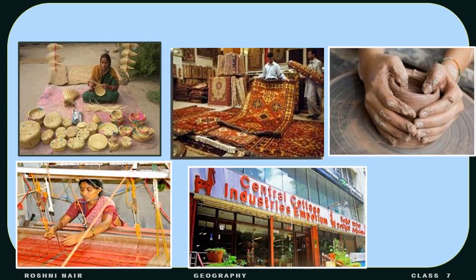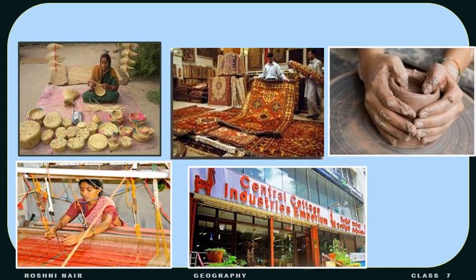Cottage industries are generally a household unit which is run by a family, or we can say the craftsmen and their family members carry on their traditional work which was started by their forefathers maybe generations ago, and these industries generally produce all kinds of handicrafts or handlooms, like you can see carpet weaving. Their products might be jewelry or maybe pottery, leather products, etc.